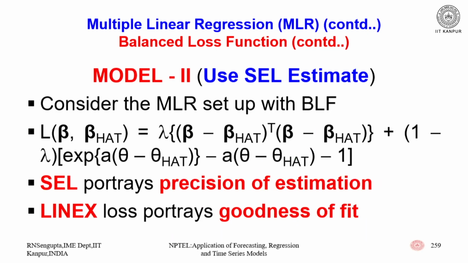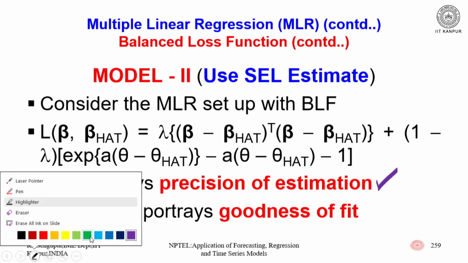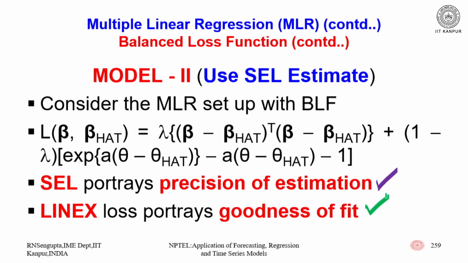When I come to model 2, here also you are using the balanced loss function, again two components: squared error loss, which is the precision of estimation, and LINEX loss, which portrays goodness of fit. The goodness of fit, in green color, is the LINEX loss component.